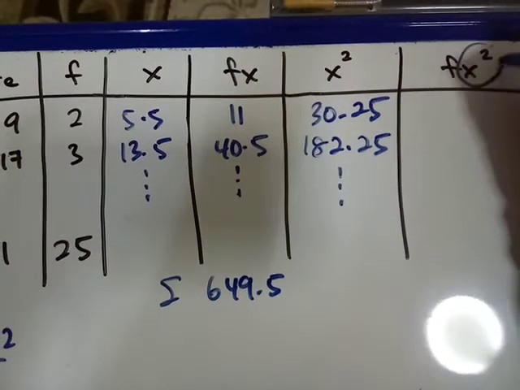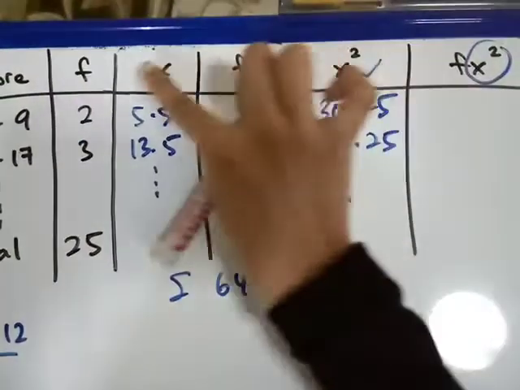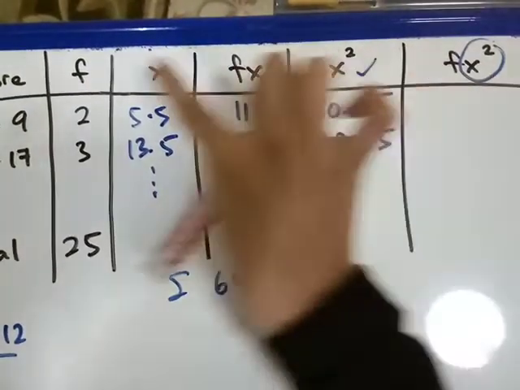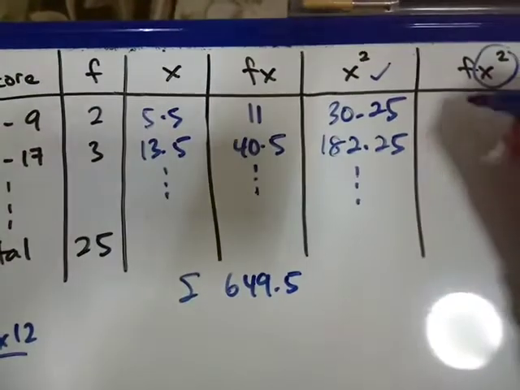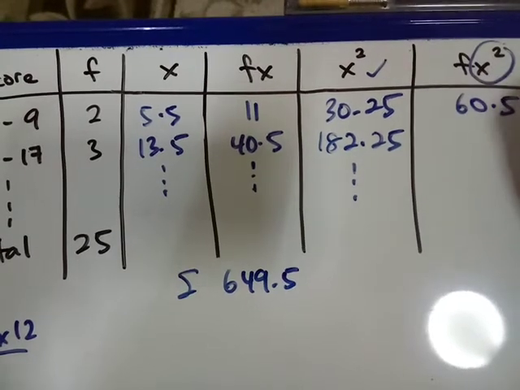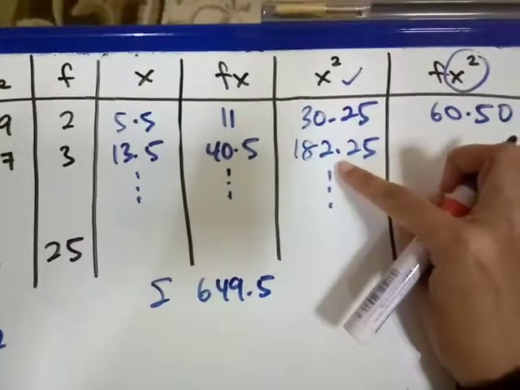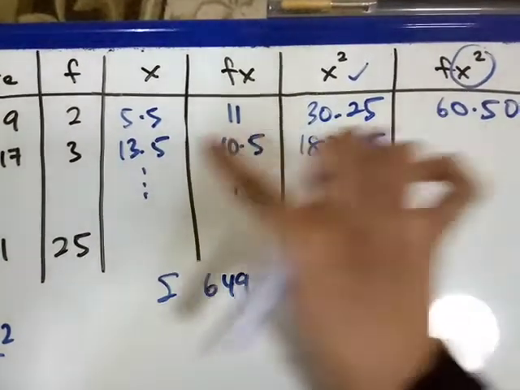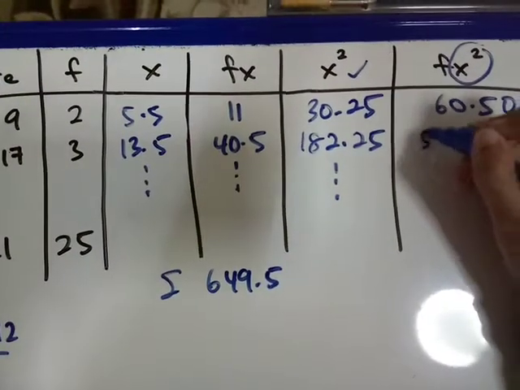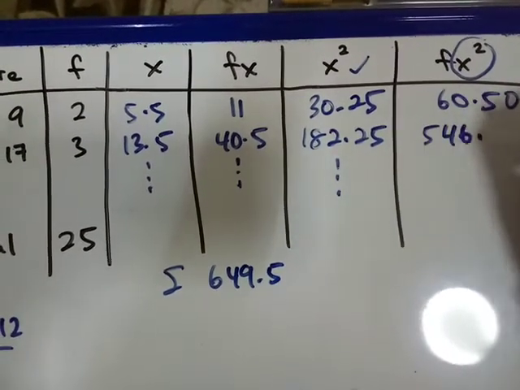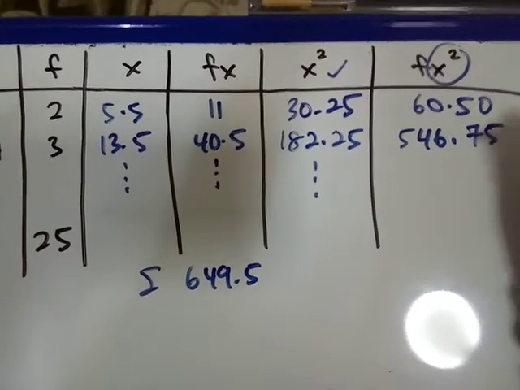This is x square, and f is the frequency, so x square times frequency. 30.25 times 2, you get 60.50. Then 182.25 times its frequency, which is 3, you get 546.75. And so on.